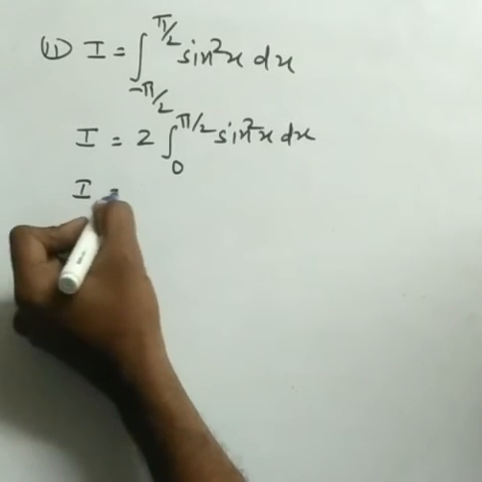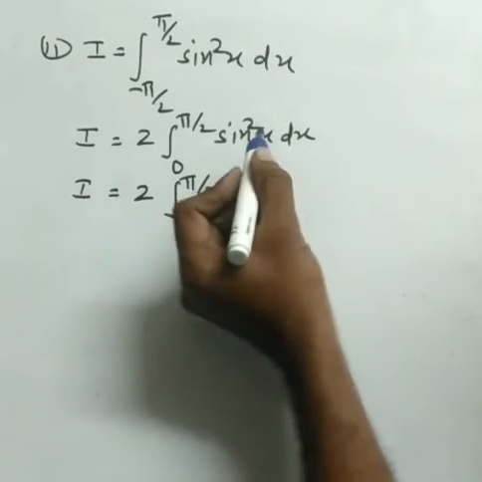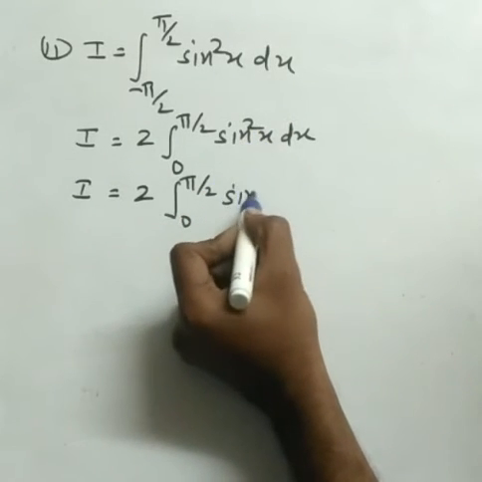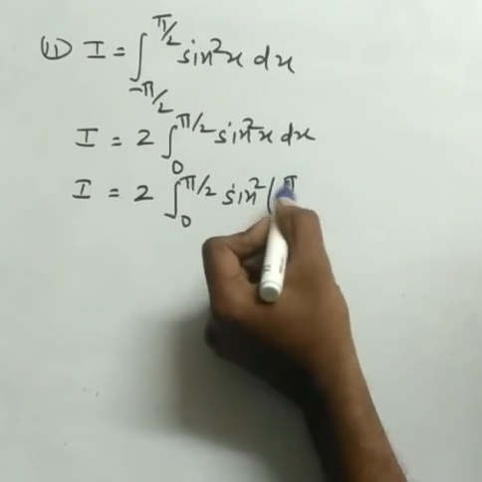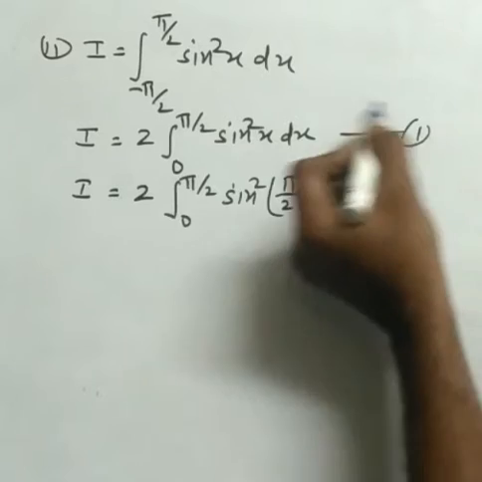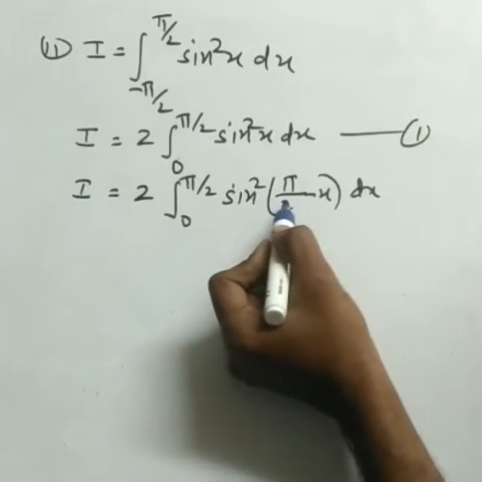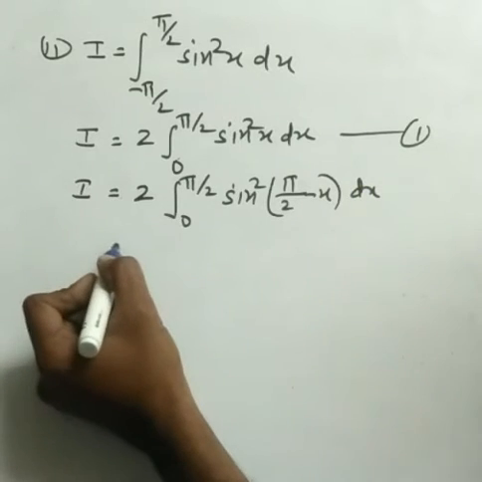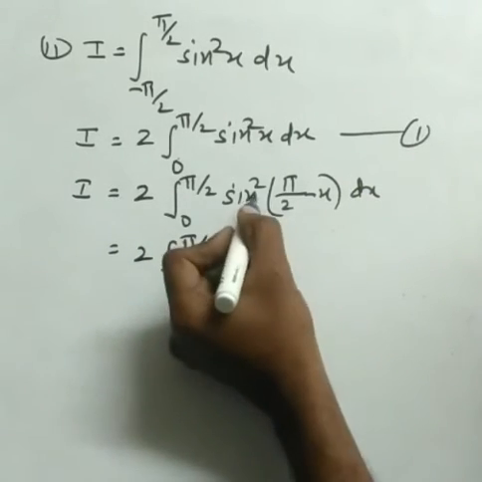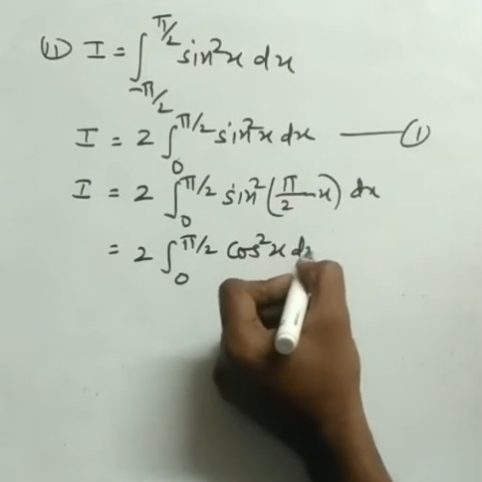Again apply the property: this sine square x can be written as sine square of pi by 2 minus x dx. This is the property integral 0 to a of f(x) dx is integral 0 to a of f(a minus x) dx. So it becomes integral 0 to pi by 2, sine of 90 minus theta is cos theta, cos square of x dx.